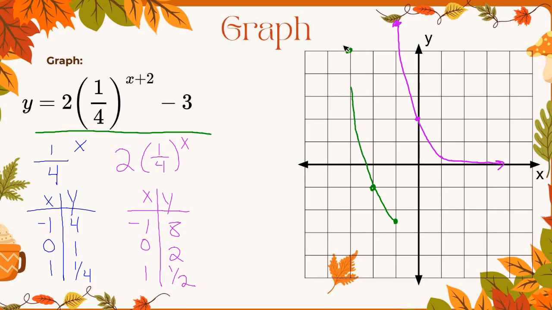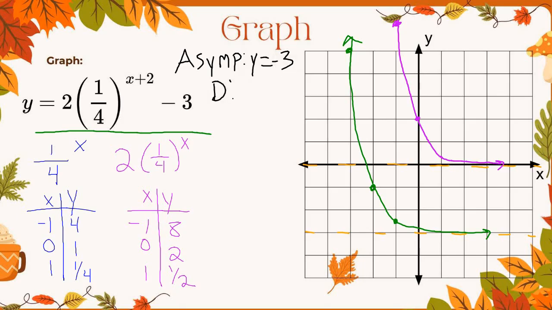But if I moved everything down 3, what did that also move down 3? The asymptote. So now instead of at 0, what's it at? -3. So now our graph is going to get closer and closer to -3. So that means that the asymptote is at y equals -3.